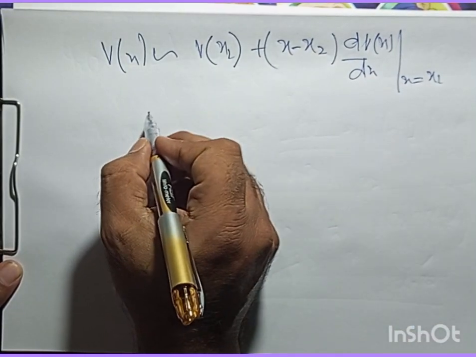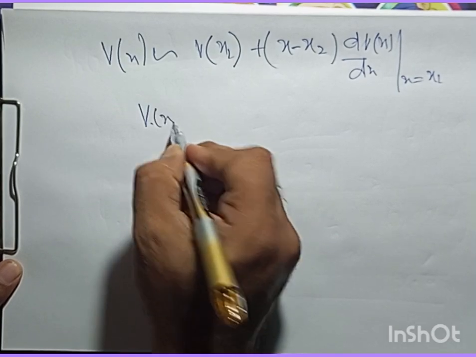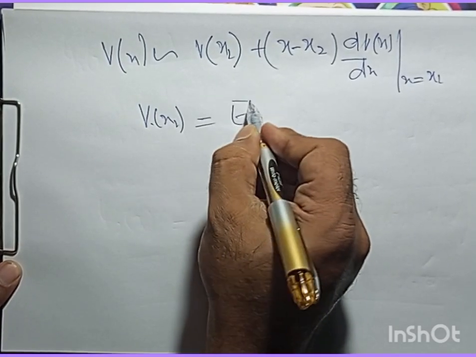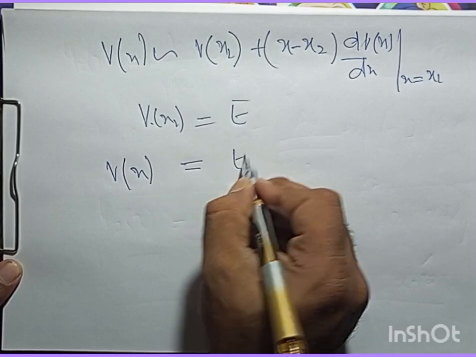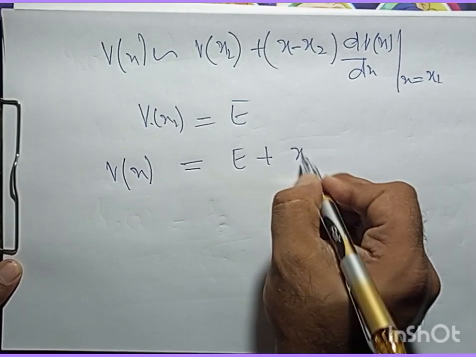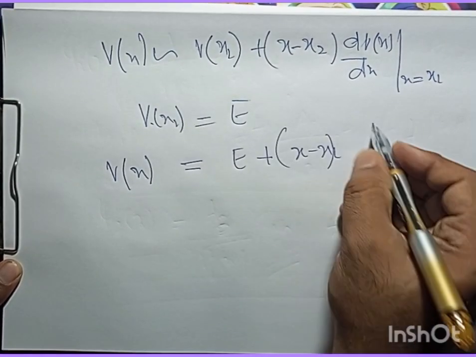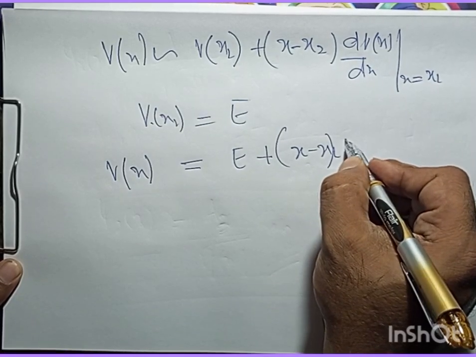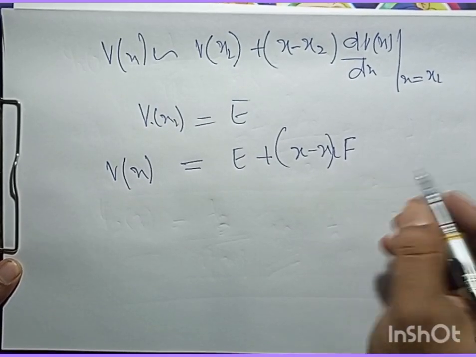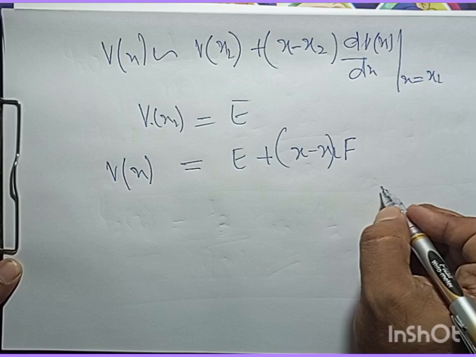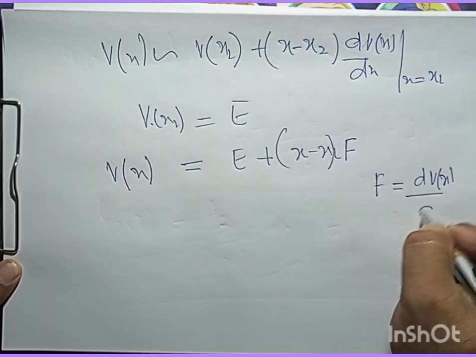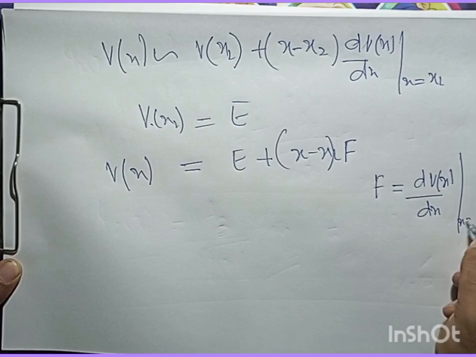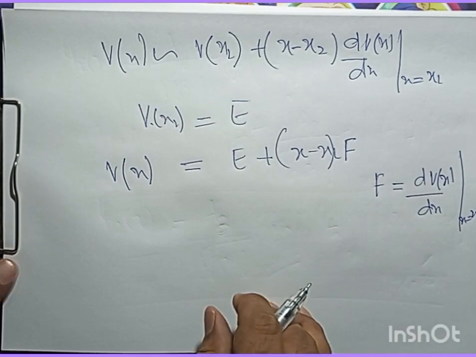So if we choose that v of x2 is equal to e, then this v of x will be e plus x minus x2 times some f, where f is dv of x by dx at x equal to x2.